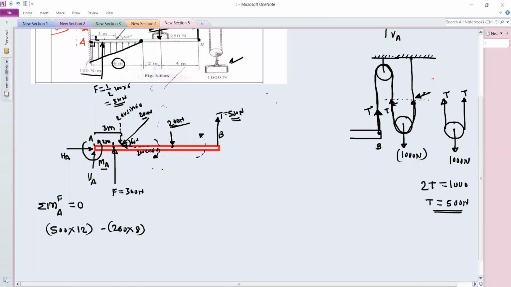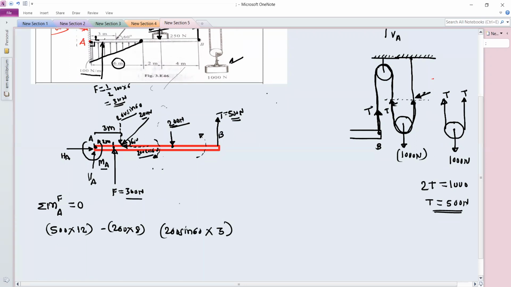After resolution, you will get 200 cos 60. Its moment is 0 because this 200 cos 60 will pass through the point B, so there is no perpendicular distance. But this 200 sin 60 has the perpendicular distance 3 meter, so your moment will be 200 sin 60 into distance 3 meter. And this moment is clockwise, so it is negative.